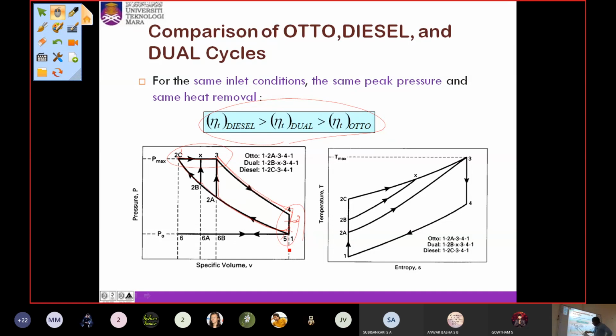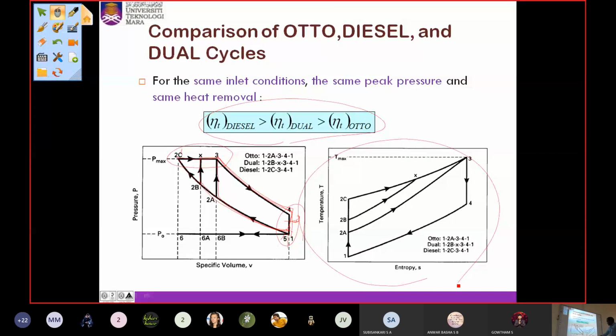And in between, isentropic, constant volume, constant pressure, then again isentropic, constant pressure. So this is your dual cycle. If you compare with this property, we can get the order as diesel greater than dual greater than auto. Just remember the order.